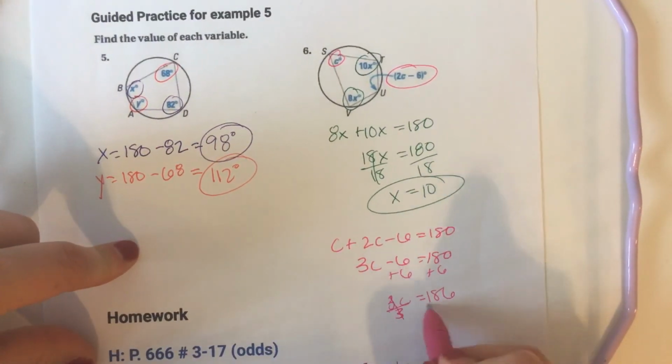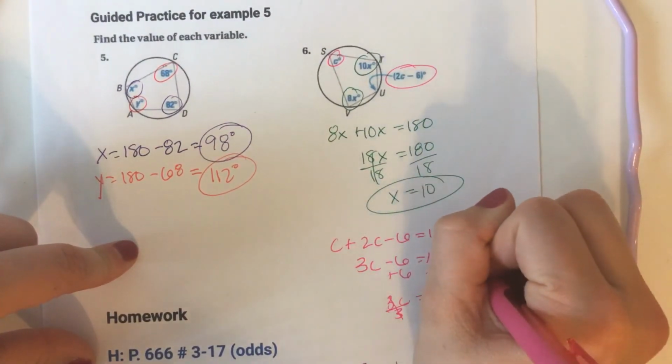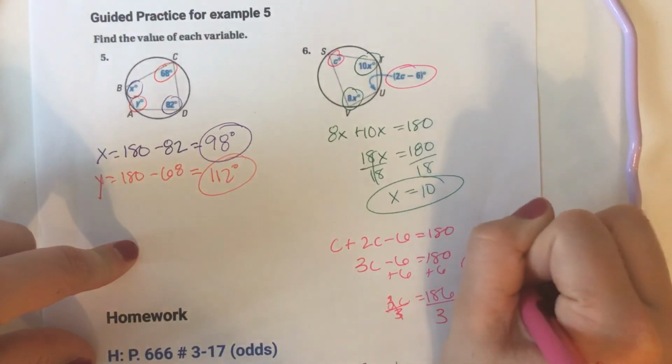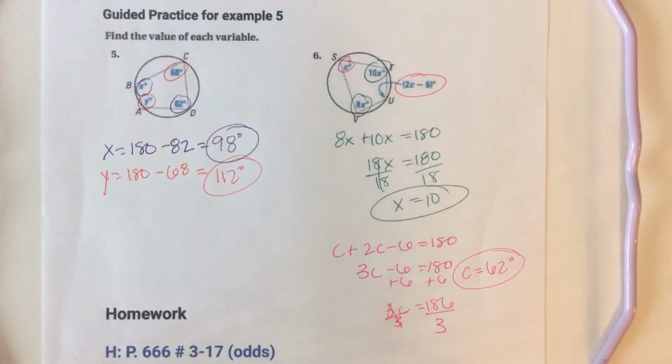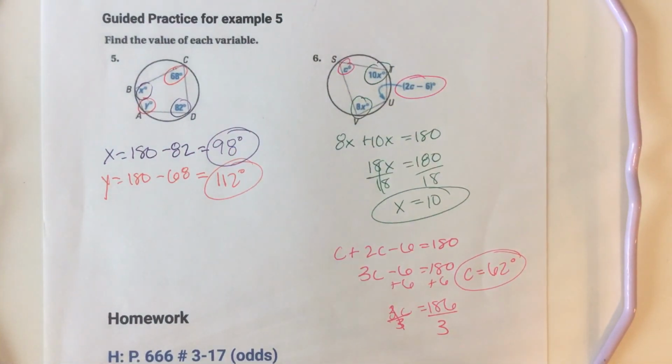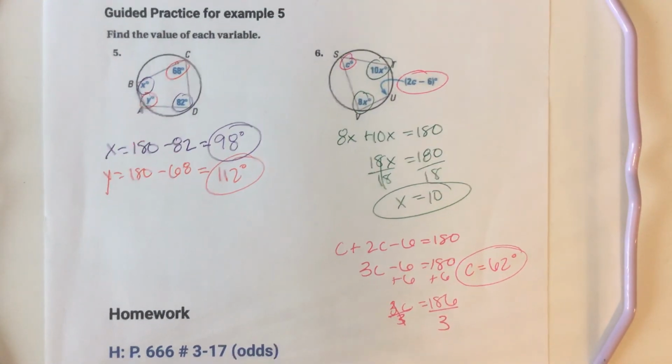Last but not least, divide both sides by 3 to get that c equals 62 degrees. So again, opposite angles are supplementary for an inscribed quadrilateral. That means we have the quadrilateral with the circle around it connecting all of the vertices.